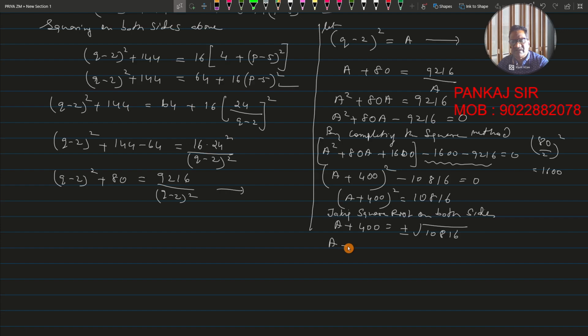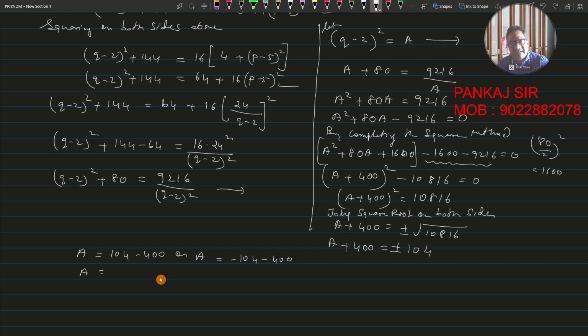So a plus 40 will be equal to plus or minus, now square root of 10816 is 104, right? So from here I am getting the value of a as either 104 minus 40, or a will be equal to minus 104 minus 40. Okay, so for a I am getting two values.